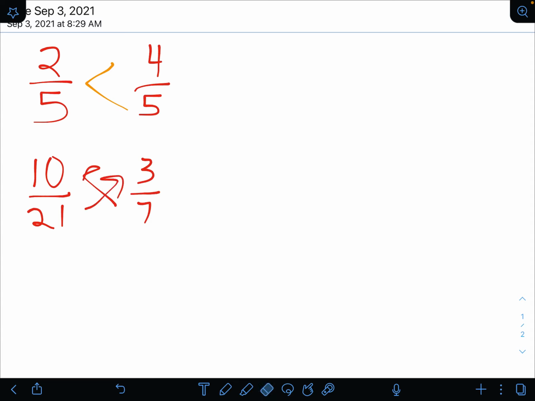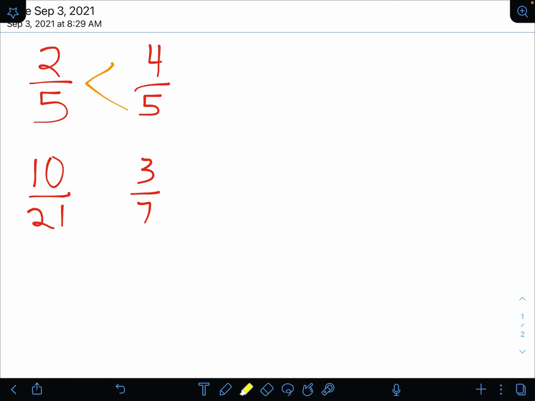Well, you could totally do that. But what if, do you notice anything about the denominators? We have a 21 and a 7. Can one turn into another one? Is one a factor of the other one?